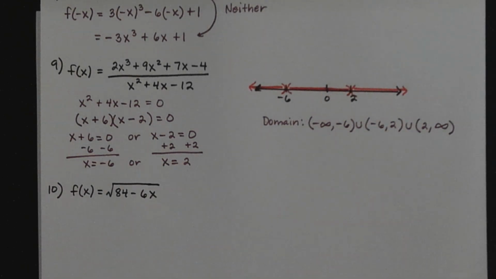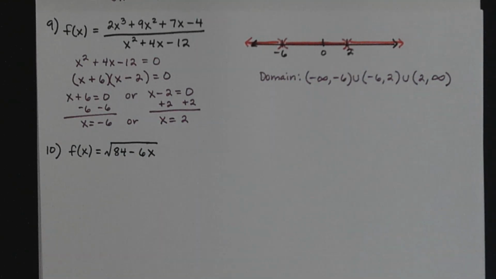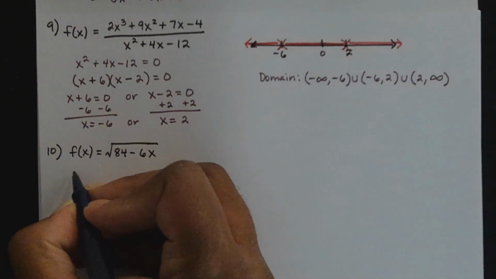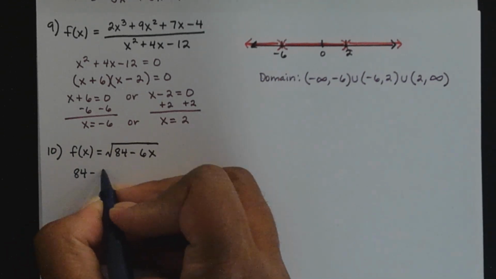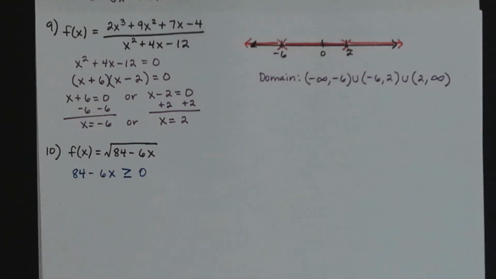So that means here I take what's underneath the square root, which is that 84 minus 6x. We set that to be greater than or equal to 0 because we cannot take the square root of a negative number and obtain a real number from it, because we're looking for the set of all real numbers for our domain.